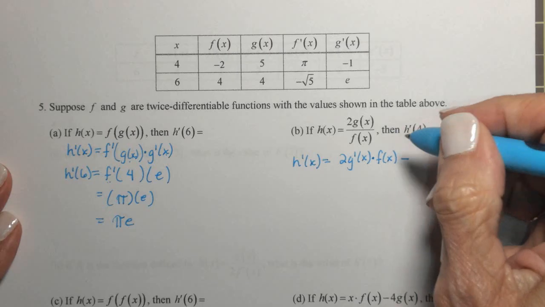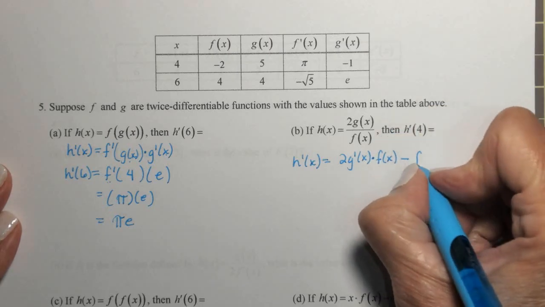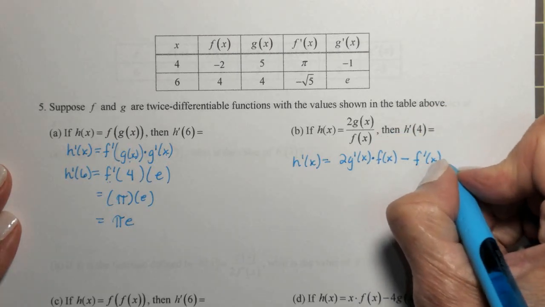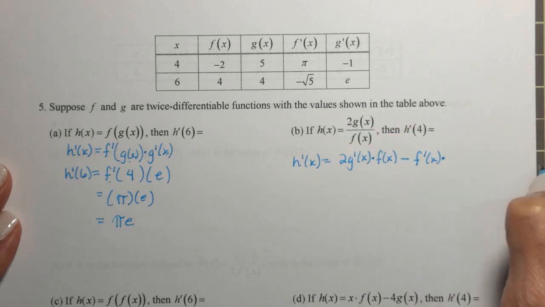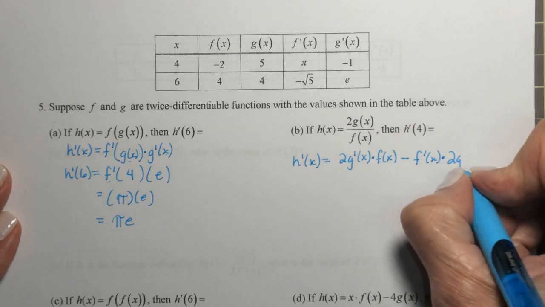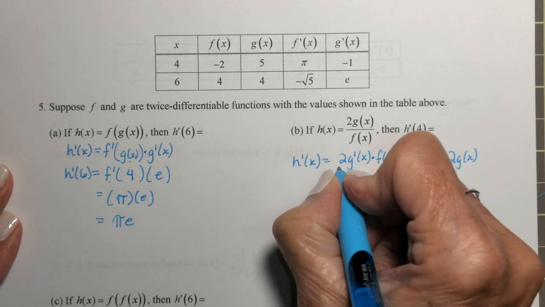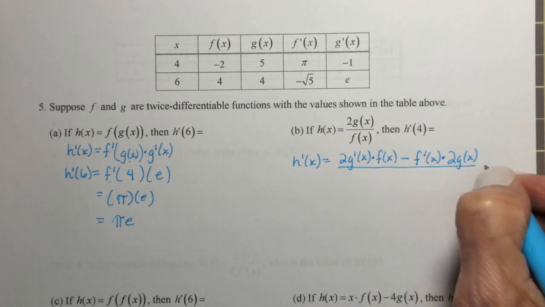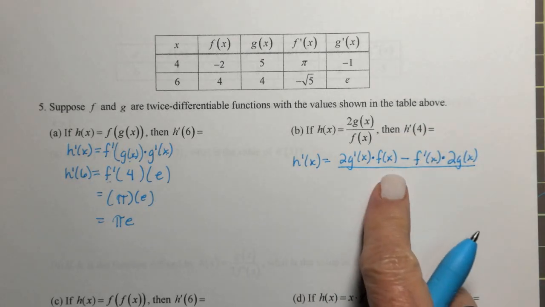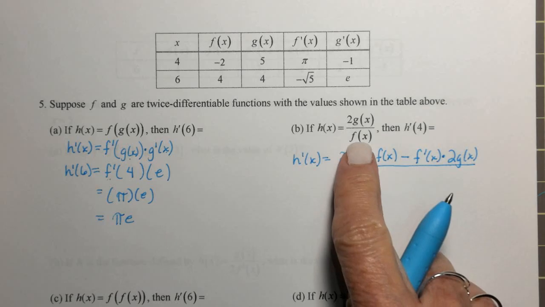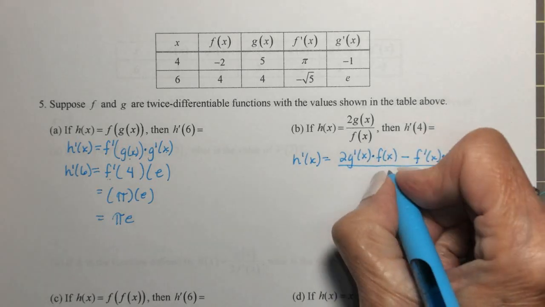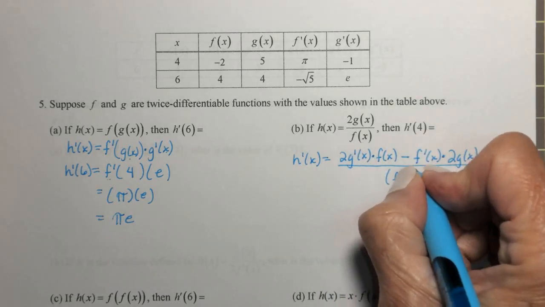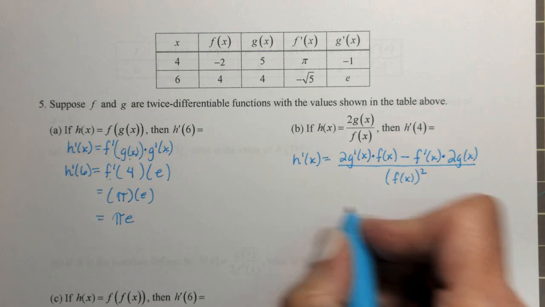Now I go to the bottom, take its derivative. The derivative of the bottom is f prime. I multiply by the top left alone. The quotient rule has a quotient. The bottom of the quotient is the bottom squared. No derivative, the bottom left alone, but squared.